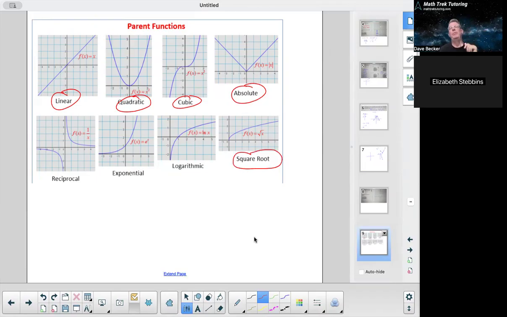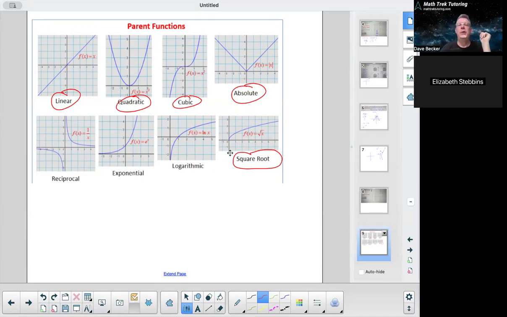If you can memorize those, it helps because at least you know what shape your graph should be, right? You're not going to have logarithmic. Have you had logarithms? Yeah, I don't like them. I would imagine it's going to come from one of these.